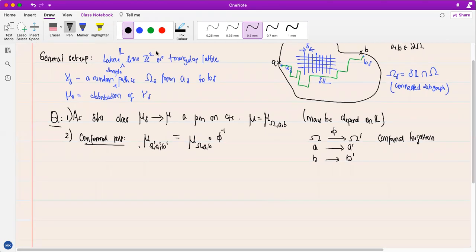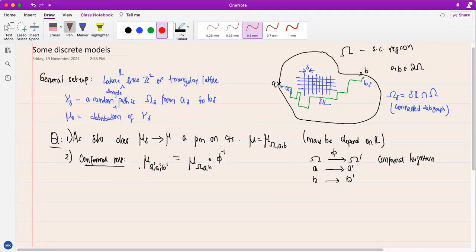So this is an equality of two very different things. One is on omega, where you fill the lattice and then take limits. That's how you get the measure mu omega AB. Mu omega dash A dash B dash is defined by filling omega dash with a fine lattice.